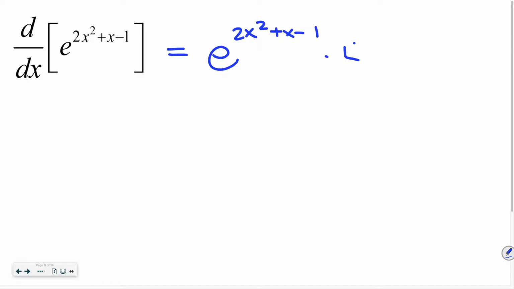If I wrote it like this, would I be happy with that? No, because it's a quantity. I need it all to be multiplied. You can write it out in front of the e to the power. You can write it behind. I don't care. Just make sure it's in parentheses so I know it's all being multiplied together. Okay? All right.